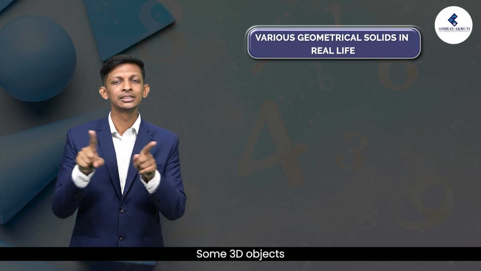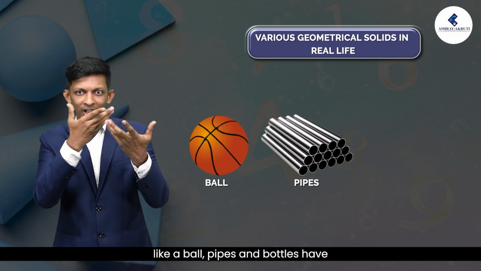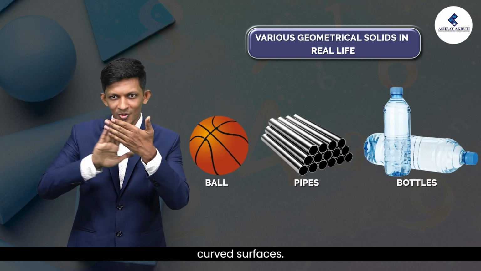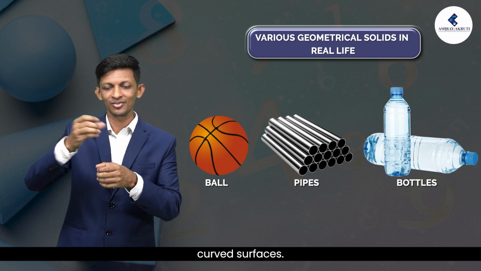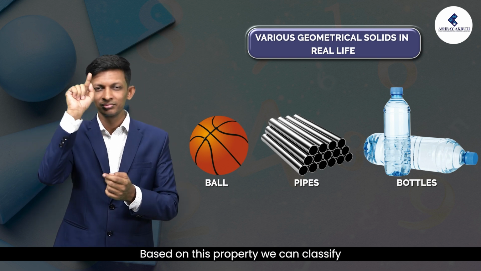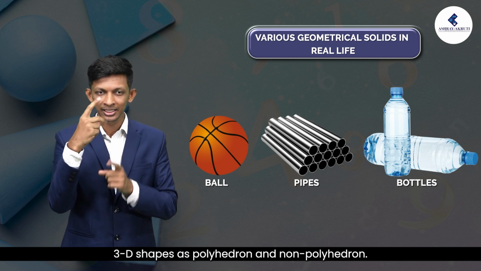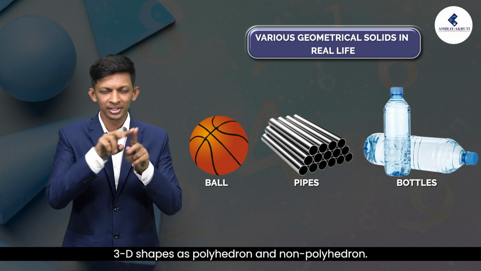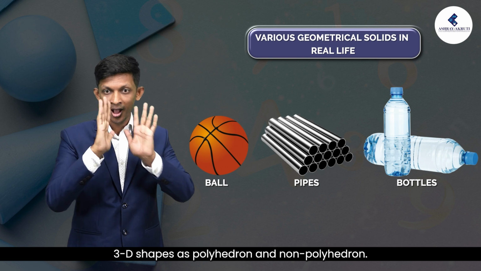Some 3D objects like a ball, pipes and bottles have curved surfaces. Based on this property, we can classify 3D shapes as polyhedron and non-polyhedron.